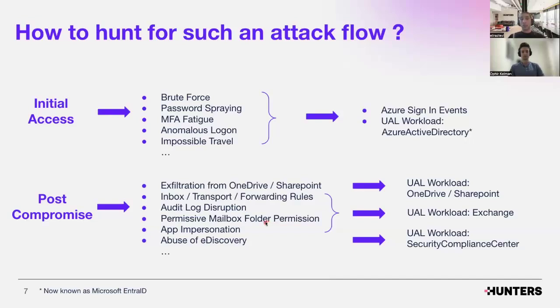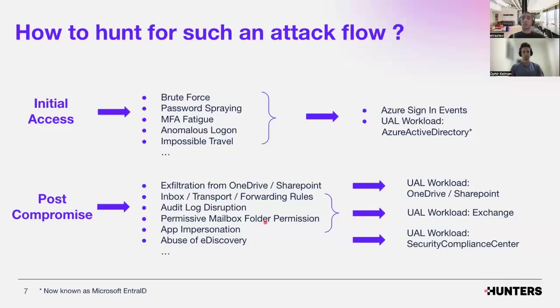As for the post-compromise, we can again use different hunting methods, like looking for exfiltration from OneDrive or SharePoint, looking for creation of new suspicious inbox or forwarding rules, looking for abuse of e-discovery, and much more.